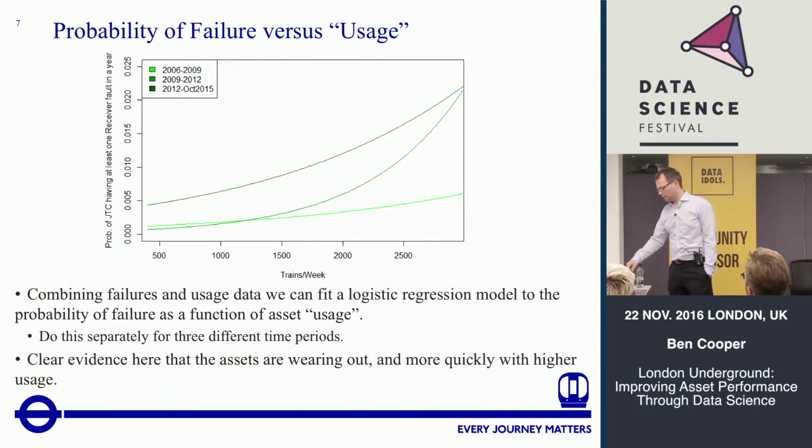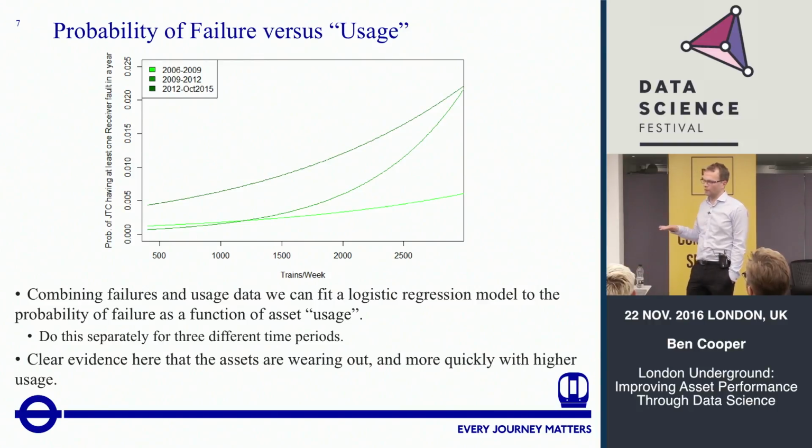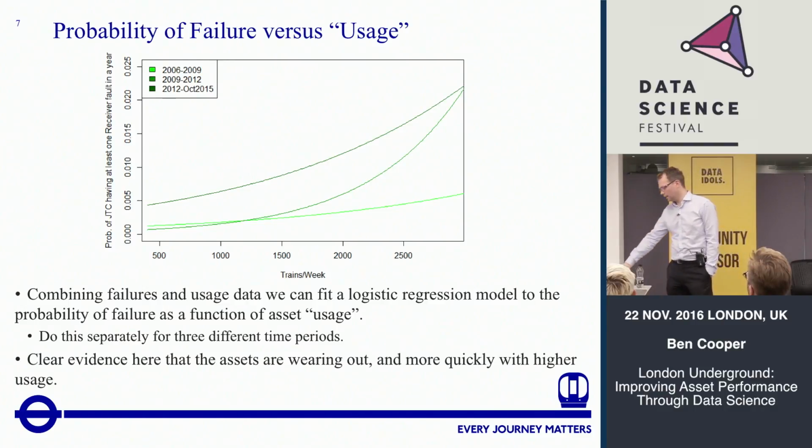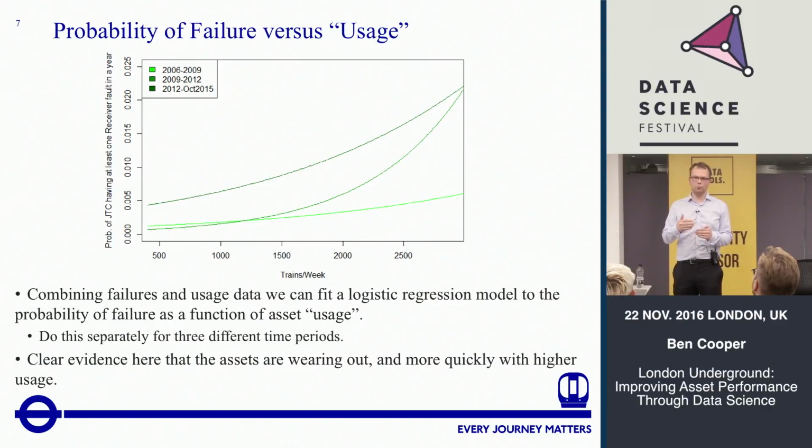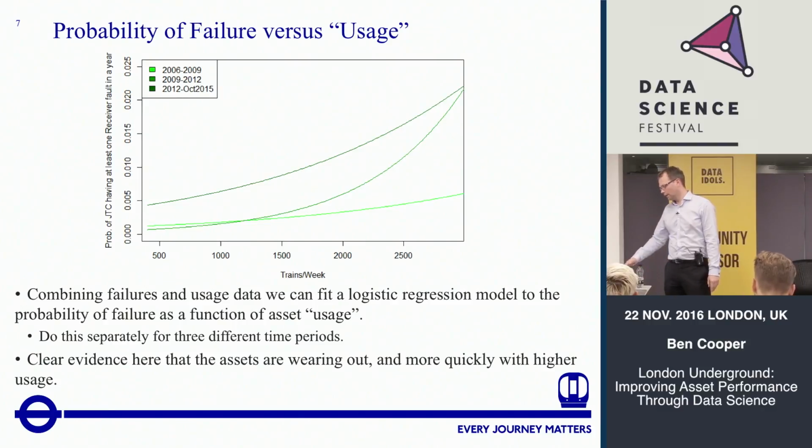In the lightest green you've got some relationship, but it's probably barely statistically significant, to be honest. You're not seeing such a strong relationship between usage and failure. But in the later time periods, as these assets are aging and wearing out, you're seeing this relationship become much stronger. You're also seeing an overall shift in the failure rate. So this is evidence, we believe, that these assets are wearing out.